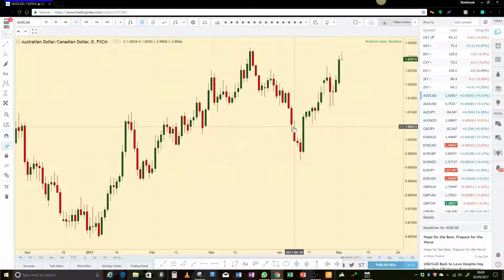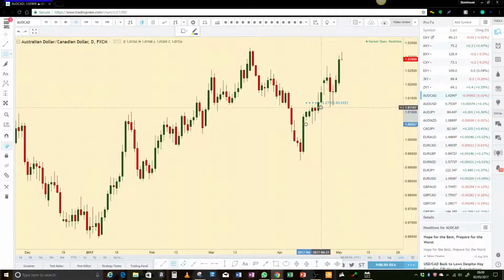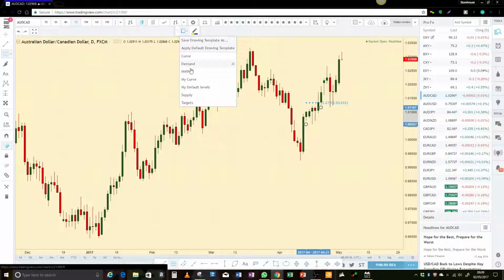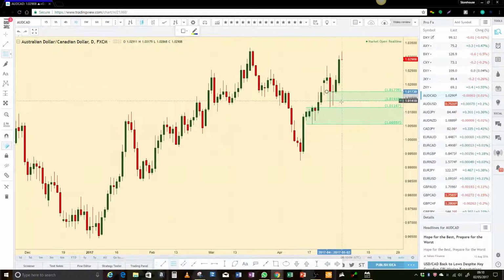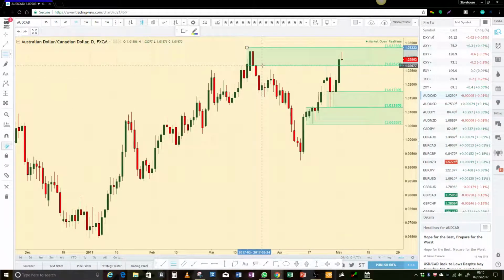Okay, so let's get right to it. Here we are starting with the Aussie CAD, and as we can see, we have some demand below now that's formed. This area is also a potential one for short-term trading, and we're right now sitting inside already tested supply.